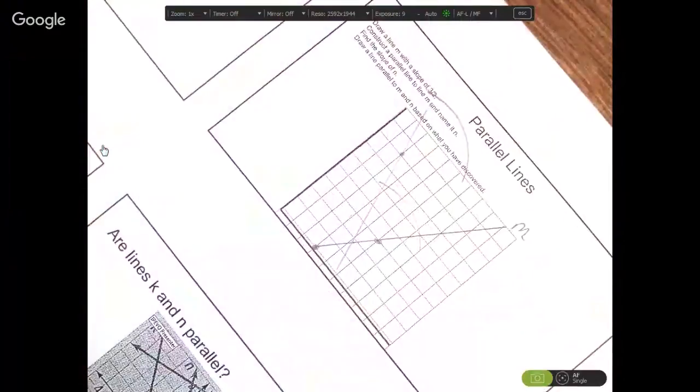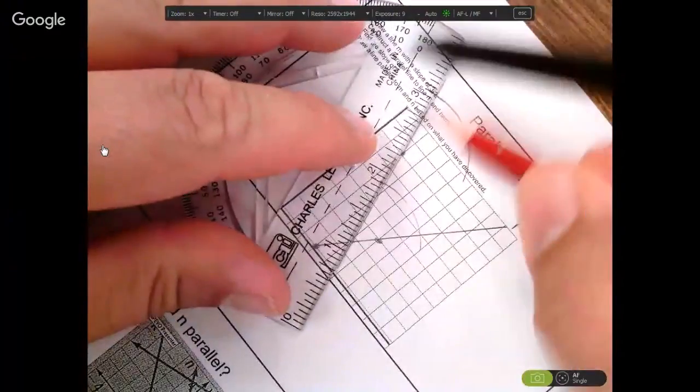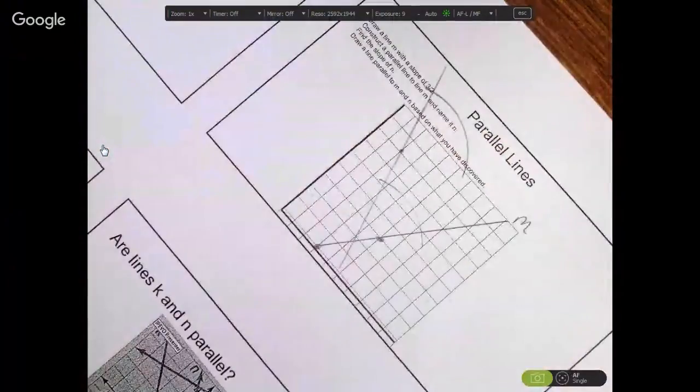My transversal line is not long enough, so I got to make it a little longer. Basically, a parallel line is copying an angle. So I got to copy this angle up here. Why is copying an angle going to create parallel lines?